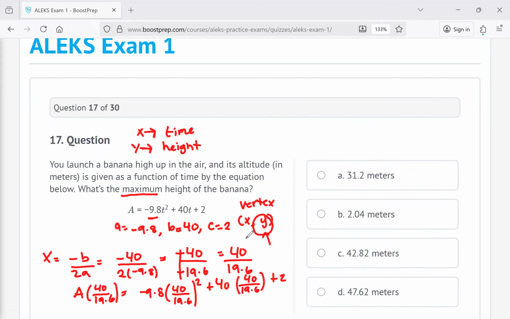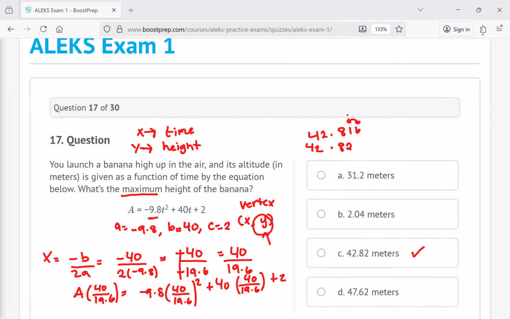When I put this in the calculator, I originally got 42.816. But if you look at all the choices, they rounded to two decimal places, the hundredths place. So you look at the neighbor digit: if it's five and beyond, you round up. So it's 42.82.